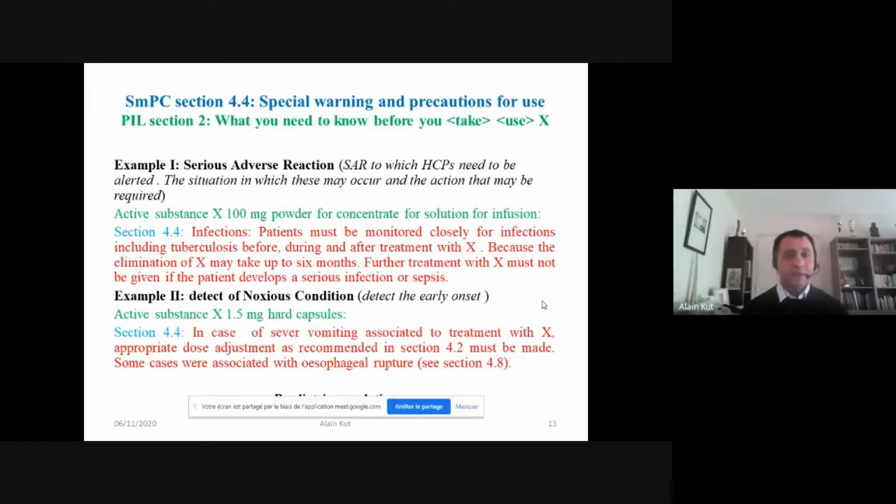Why? Because some cases were associated with esophageal rupture. Then signs like severe vomiting should alert the healthcare professional in this case, because of the possible occurrence of esophageal rupture as stated as an adverse reaction in section 4.8.